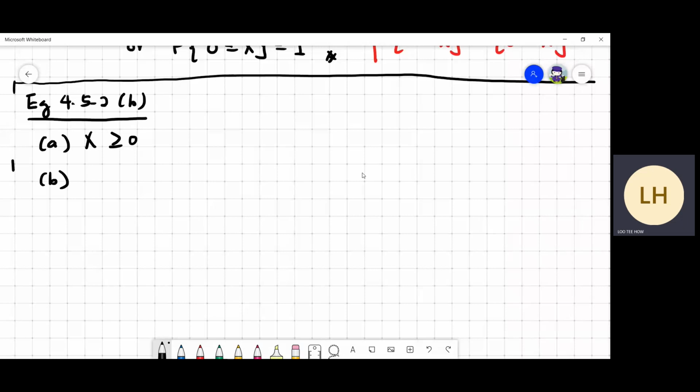And secondly, E of x is not infinity. Then the conclusion will be P of x equals infinity is equal to 0.